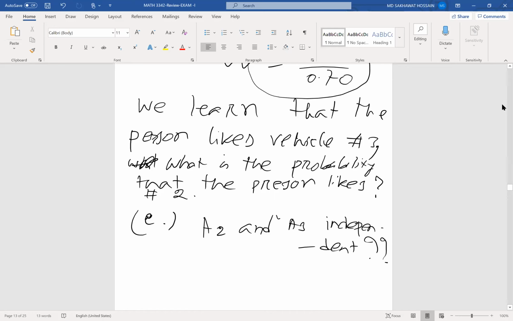So how can we check this? One way is if the conditional probability of A2 given A3 is equal to the probability of A2. That means if the probability of A2 doesn't depend on A3, then they will be independent. Now check whether this one is equal to A2 or not.